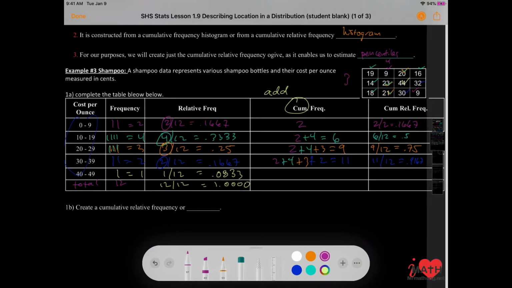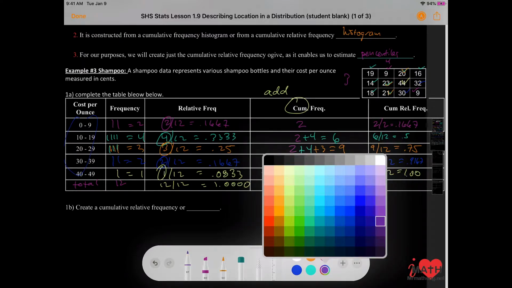Okay, so then you add all these, 2 plus 4 plus 3 plus 2 plus 1 gives you 12. And 12 over 12 gives you 100%. Okay? So another way of saying this is, you're going to your counts, and the first one, you're just adding the first one.